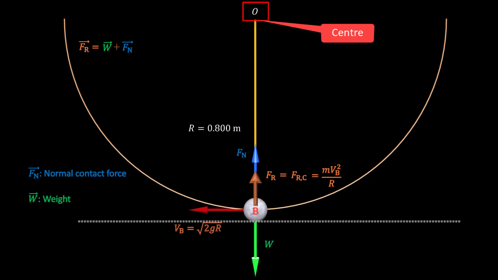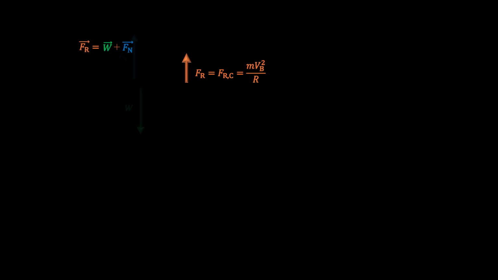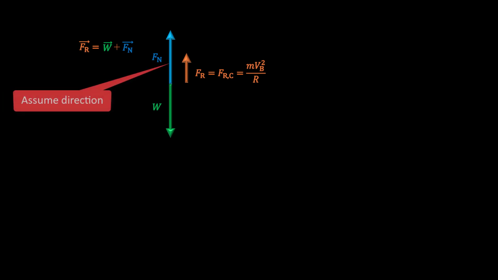Therefore, the normal contact force must be along the vertical in order for it to be perpendicular to the surface at the point B. Hence, this allows us to conclude that the three forces Fr, W, Fn are parallel to each other, except that I don't know the direction of the normal contact force. I know it is along the vertical, but I don't know whether it points upwards or downwards.